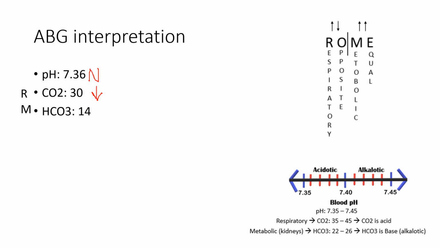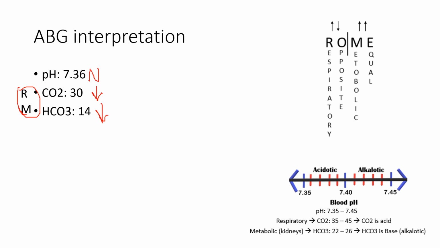Our HCO3 is 14, which is also low. So now I'm going to come over to my number line, and I'm going to plot my 7.36, because I see that these lab values are both low. So now I need to figure out which disorder it is.